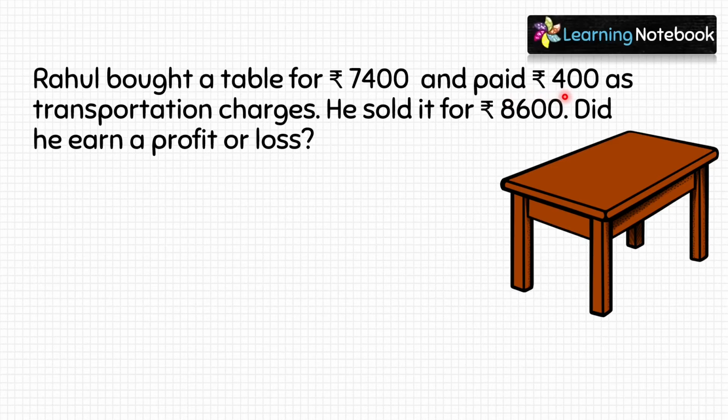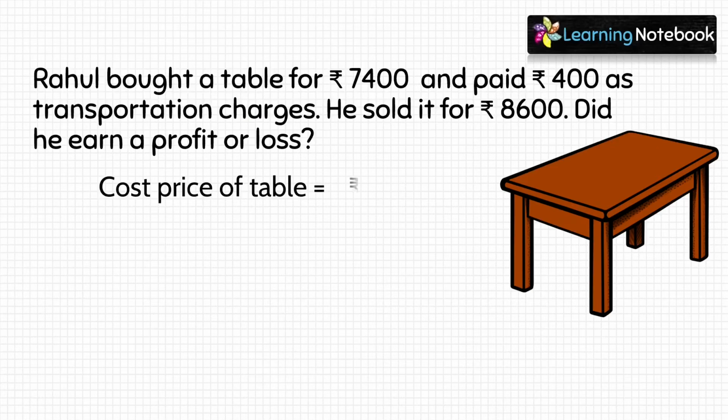So students, to find the total cost price of this table, we are going to add these transportation charges to the cost price of the table. Here, do remember that we will add any kind of charges, be it transportation, repairing or painting charges, to find the total cost price of the item.